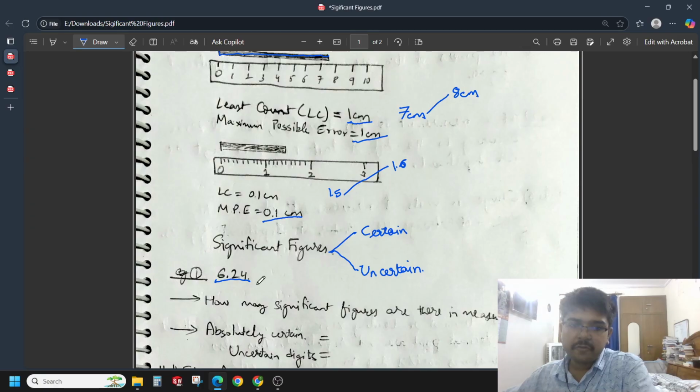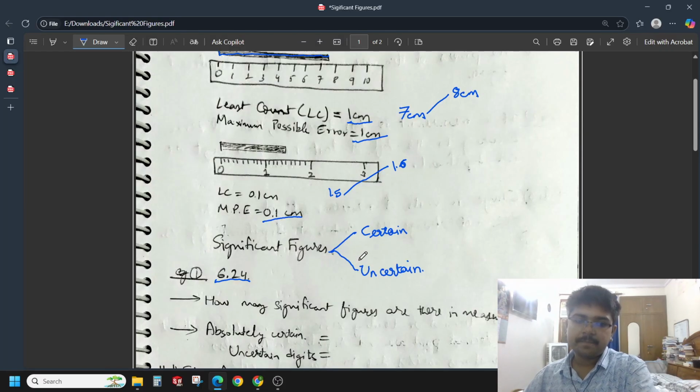Why I am calling 4 uncertain is because if we look at the previous example, everybody will take the measurement as 1, but someone could take the digit 5 as 6. So this value 6 is uncertain.